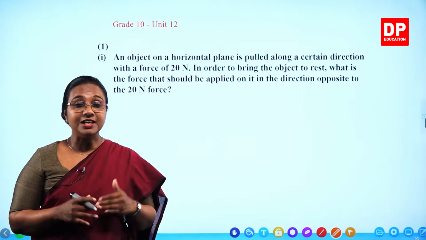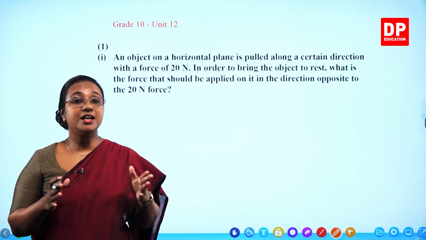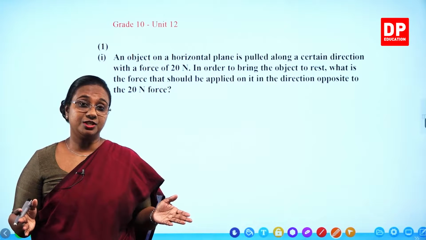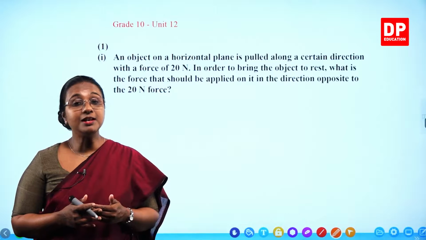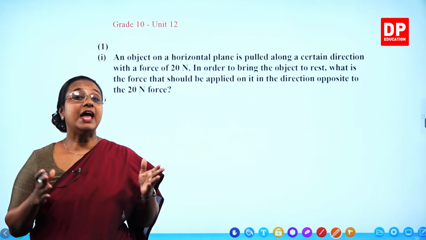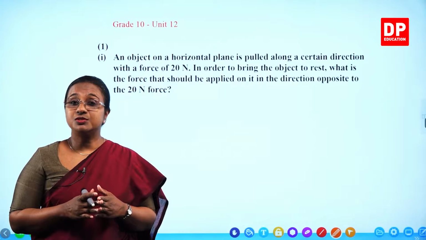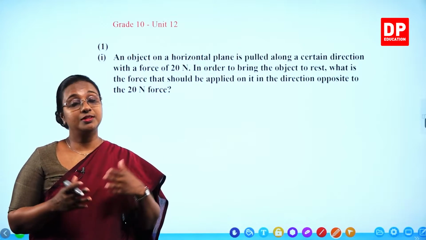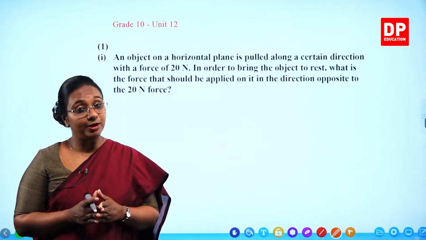So with that, we looked at different instances, equilibrium of an object under the action of two collinear forces in opposite direction. Then equilibrium under the action of three parallel coplanar forces and coplanar non-parallel forces. Thereafter, we also saw an example where there can be more than 2 or 3 forces acting on an object and still there can be equilibrium.